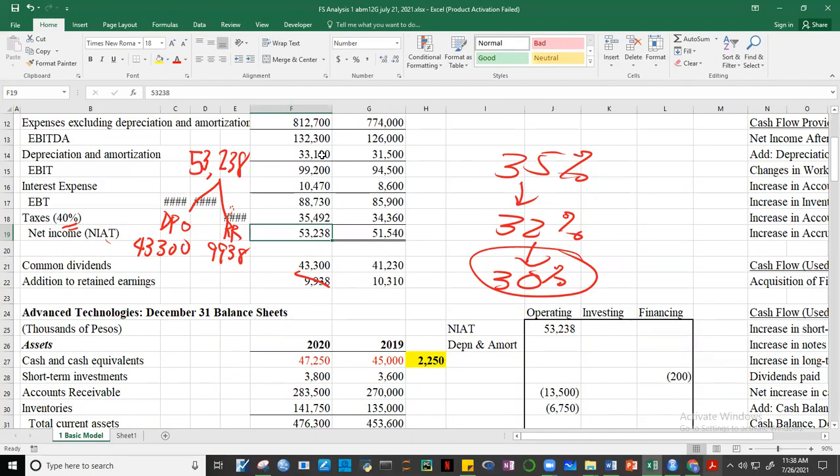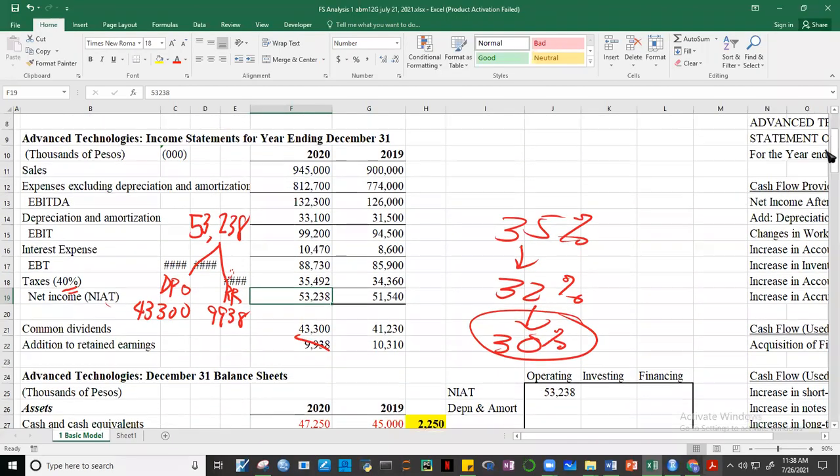So pag binawas natin yon, kailangan ibalik natin yon.